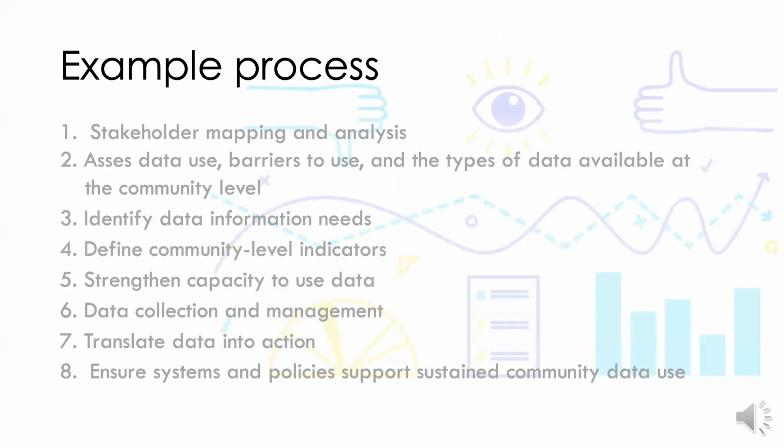Now I want to go through an example process that's in the resource package. It highlights this process and also important questions to ask along the way. So for instance, what information do stakeholders need to make decisions related to their job functions or daily lives?